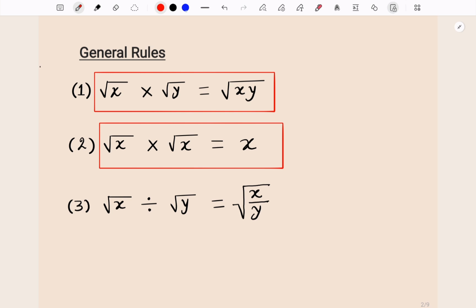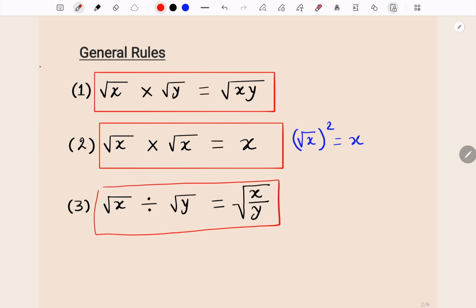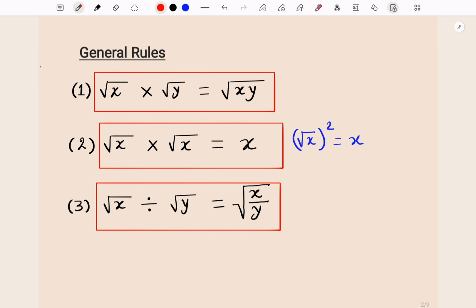That means root x squared is x. We have already discussed this rule in our previous video. And the third rule says root x divided by root y is equal to square root of x over y. So when we divide surds, we divide inside the square root. These rules come from the laws of indices, which you already know.